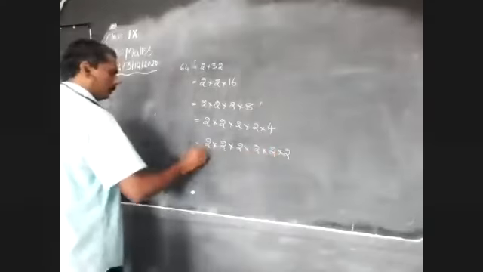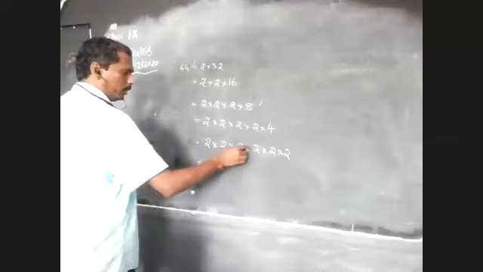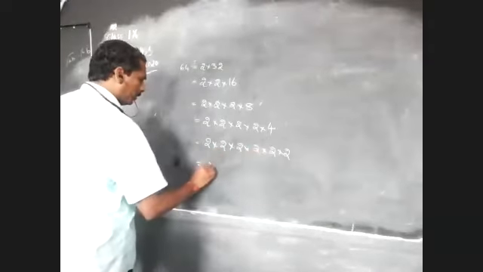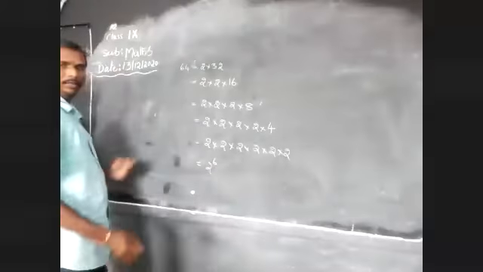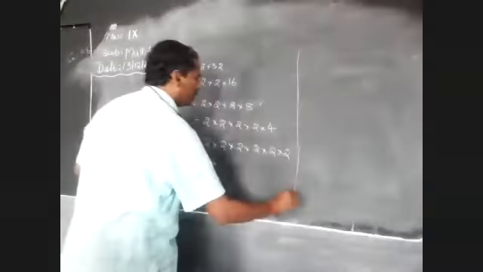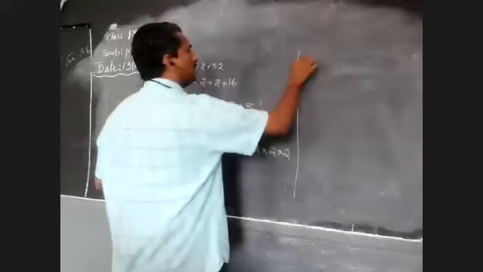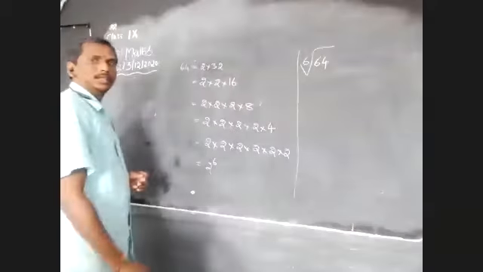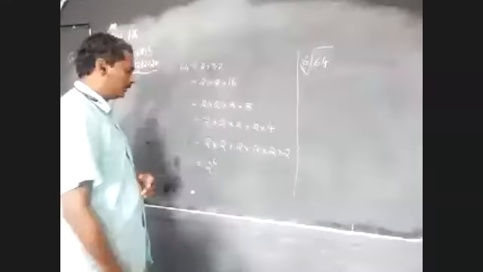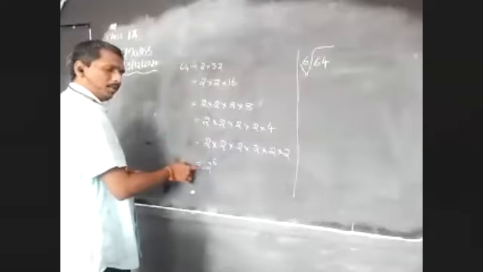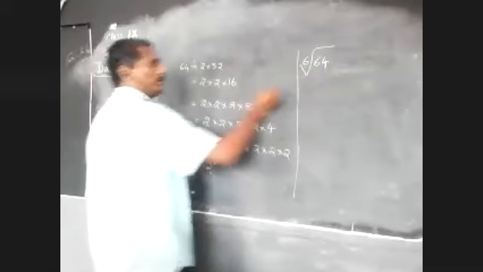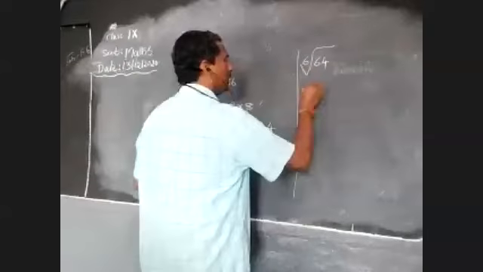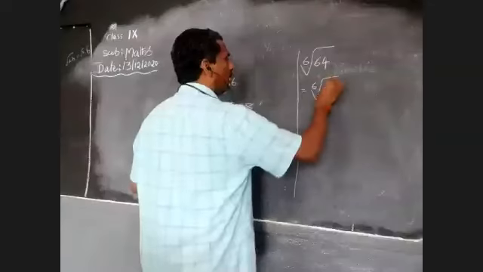In power notation, counting 1, 2, 3, 4, 5, 6, that is 2 to the power of 6. Suppose the question is given like this: 6th root of 64. What is 64 in power notation? 2 to the power of 6. So that is the 6th root of 2 to the power of 6.